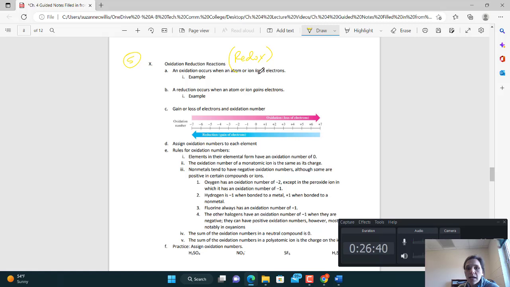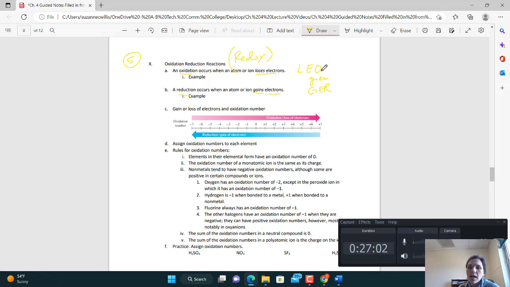Oxidation means that an atom or ion loses electrons. So oxidation occurs if you lose electrons. A lot of times you use the term LEO the lion goes GER. So what that means is reduction is if you gain electrons. So let me show you.